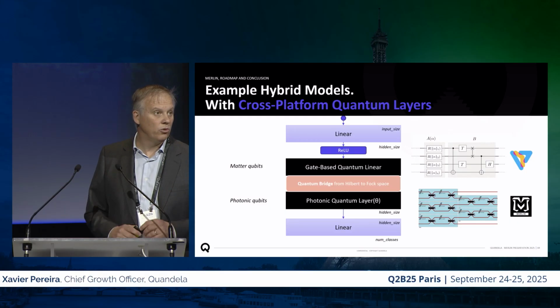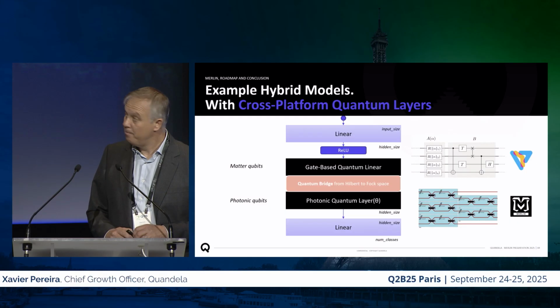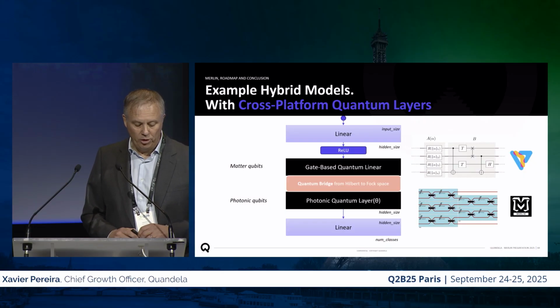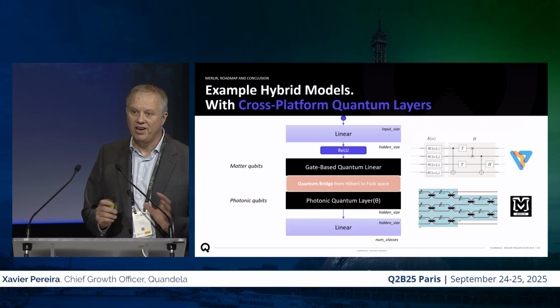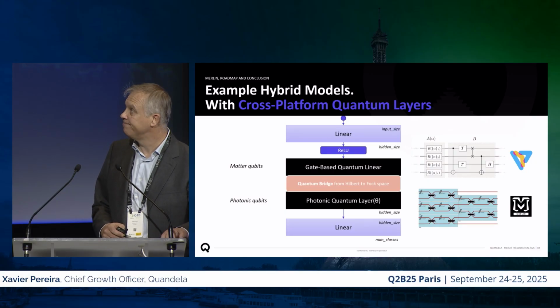So that was basically a few examples that I wanted to share with you today. MerLin enables, as I said, hybrid models that combine the strengths of AI and quantum. And the real value of MerLin is not in a single model. It's about being a systematic discovery engine for QML.